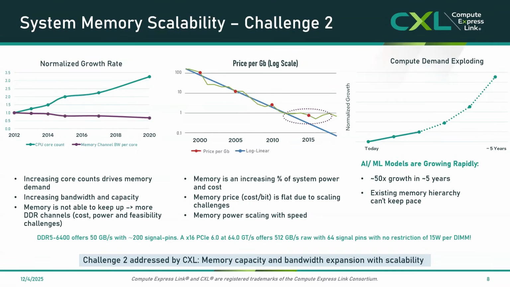Now, if you take DDR5 at 8,000 megatransfers per second, that's about 200 signal pins, and you get 64 gigabytes per second. So you can see 64 signal pins for 512 gigabytes per second versus 200 signal pins delivering 64 gigabytes per second. It's about a 25x per pin difference in bandwidth, and that difference is going to keep on increasing as PCI Express keeps doubling its data rate every 2 to 3 years.